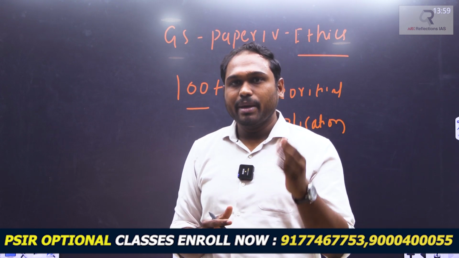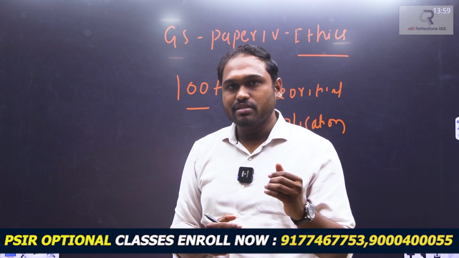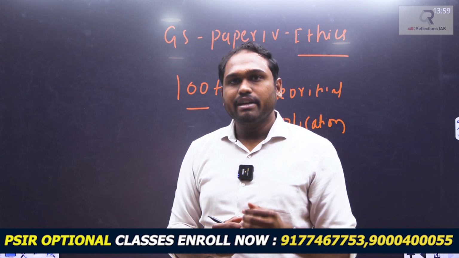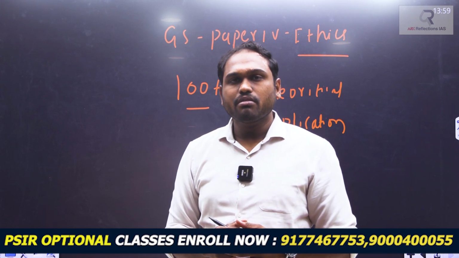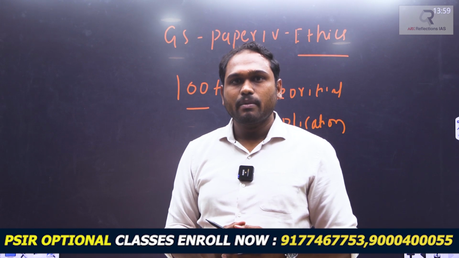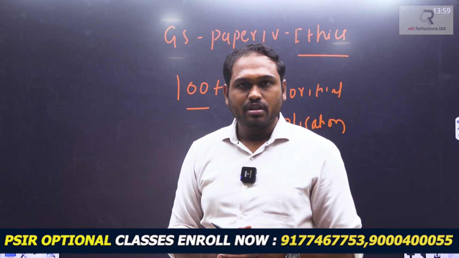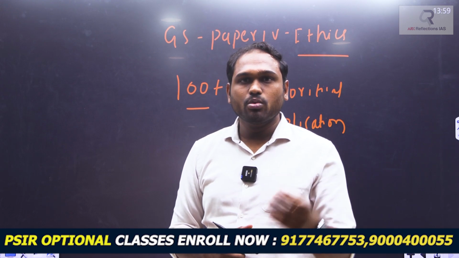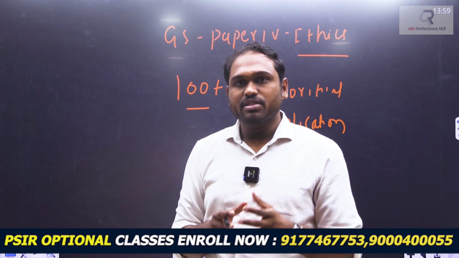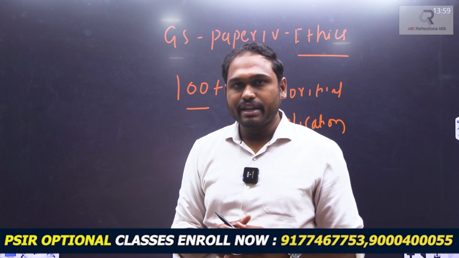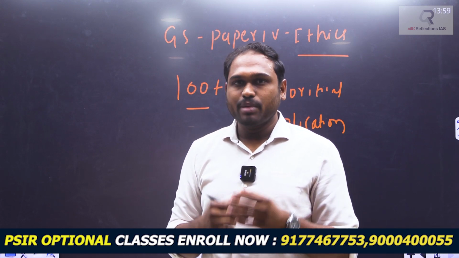In paper 1 part A, we have theories and ideologies, where the thinkers try to answer a lot of questions related to ethical dilemmas. In that perspective, we will get to know what should be written in the ethics paper, GS paper 4.